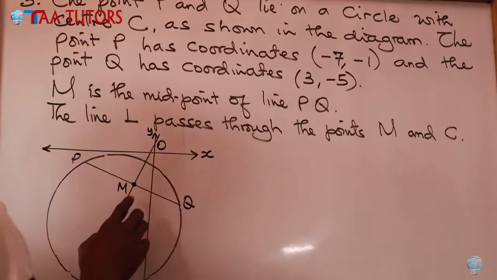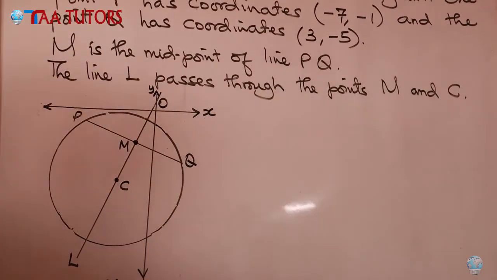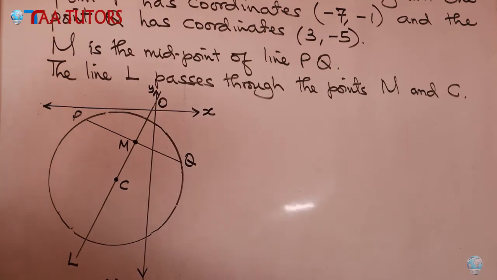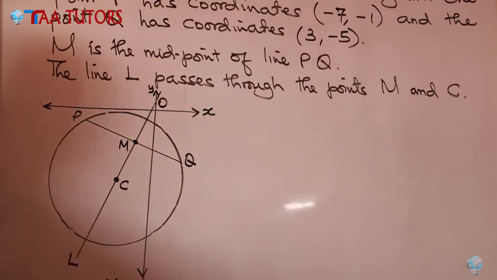M is the midpoint of PQ. The line L passes through points M and C. Find the equation of L, given the y coordinate of C is -8.